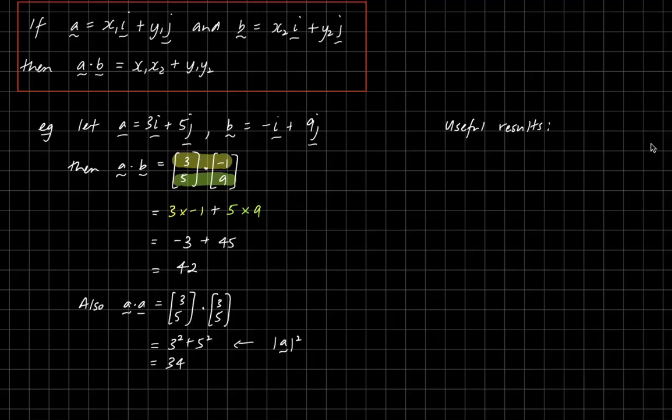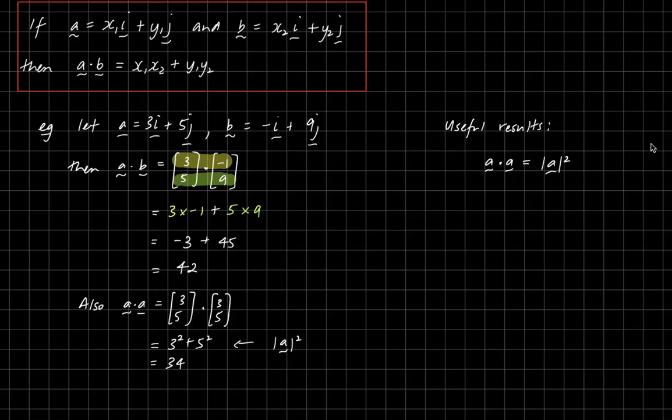Alright, so the first of our important results is the one that we just showed there, which is that the dot product of any vector with itself is just equal to the square of its own magnitude.